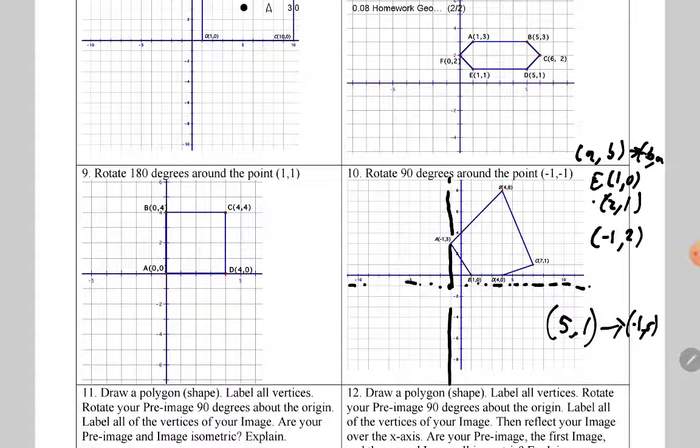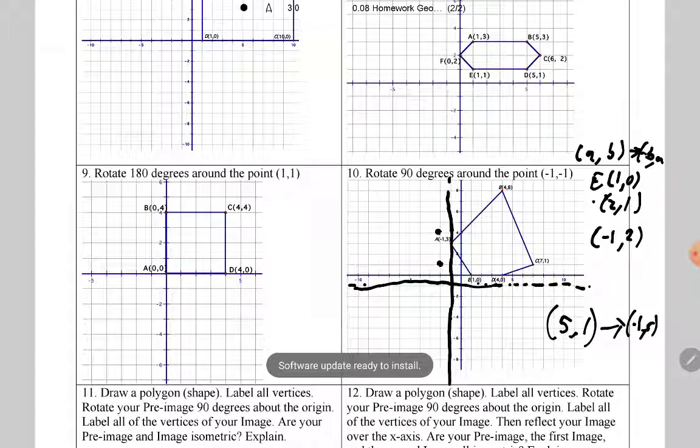That's all these dots. One, 2, 3, 4, 5. So negative 1, 2, and then negative 1, 5. 3, 4, 5. Okay, so that would be E and D.